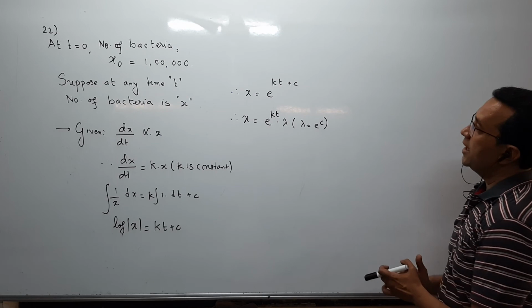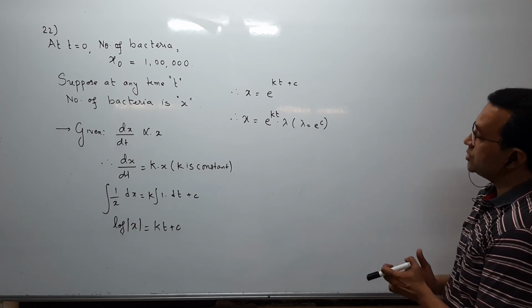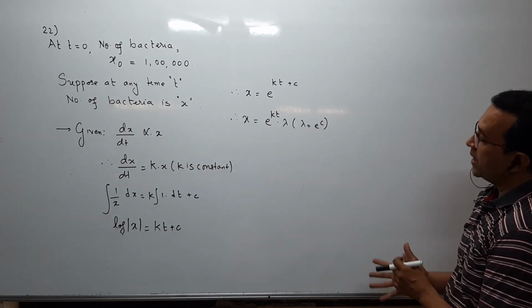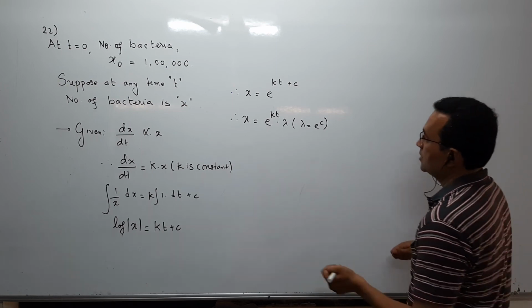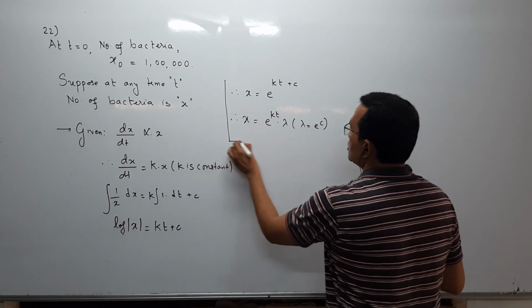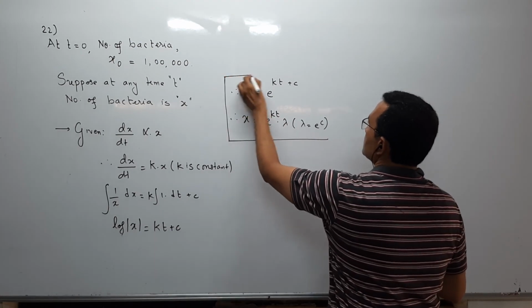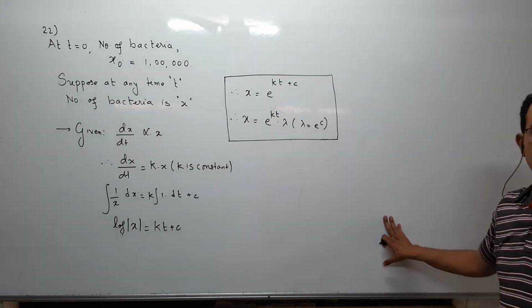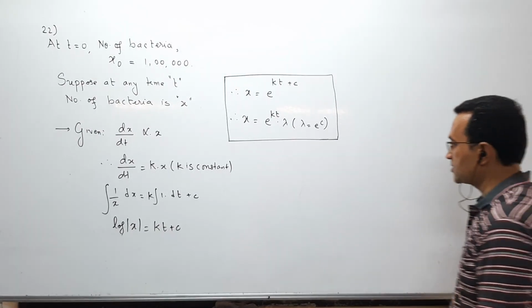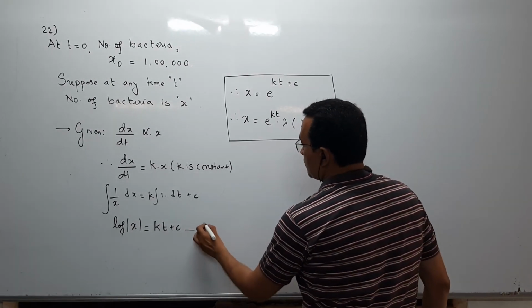Now what is given? At time t is equal to 0, the number of bacteria is 1 lakh. So this I am writing in substitution. This is very similar to your law of radioactivity decay. Ankit sir had taught you this in physics, but I am keeping this as equation 1.